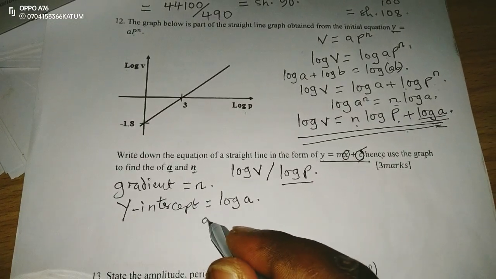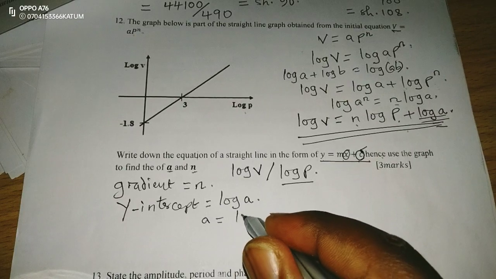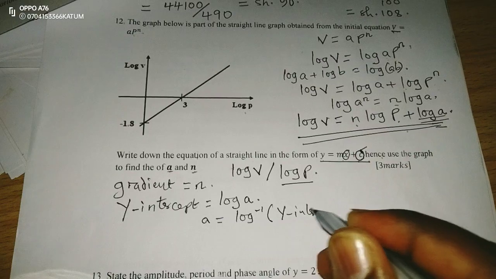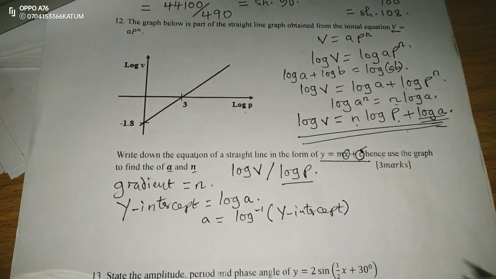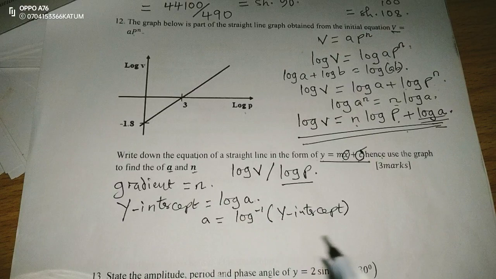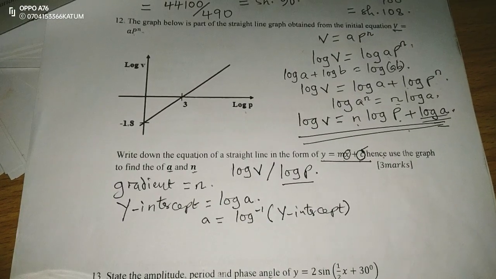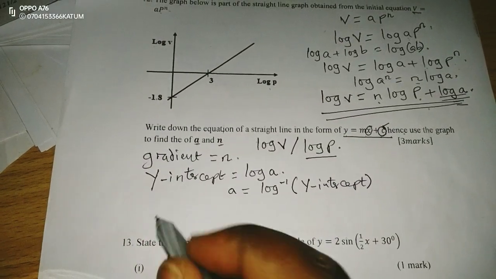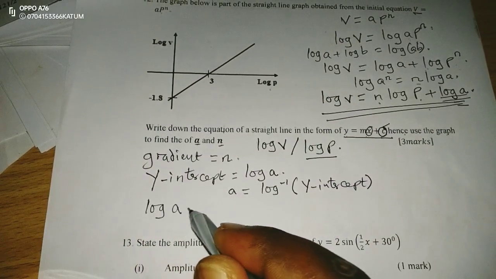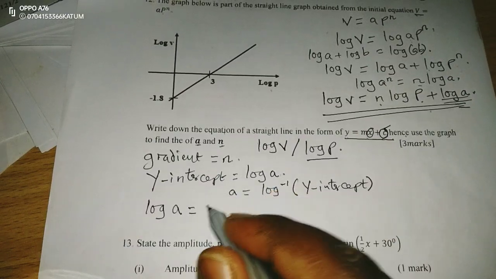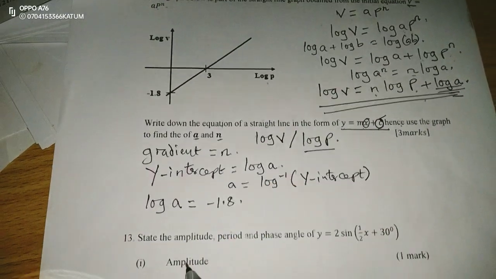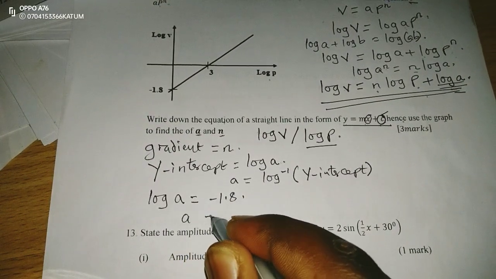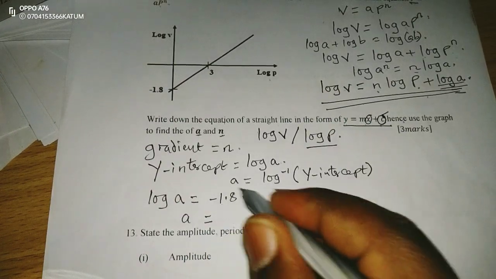Therefore, for us to get a, we need to get the anti-log, the log inverse, of the value at the y-intercept. Let me begin by getting a. The logarithm of a, which is the y-intercept, is negative 1.8. So we should take the antilog of this.